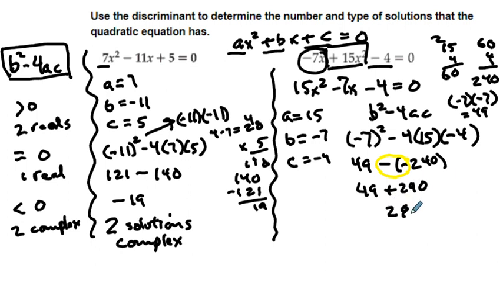That simplifies to 289. So that means that I am going to have two real solutions. I'll have two solutions, and they're both real, meaning there's no i's, because this is going to give me a positive number to take a square root of, and we'll be in good shape.